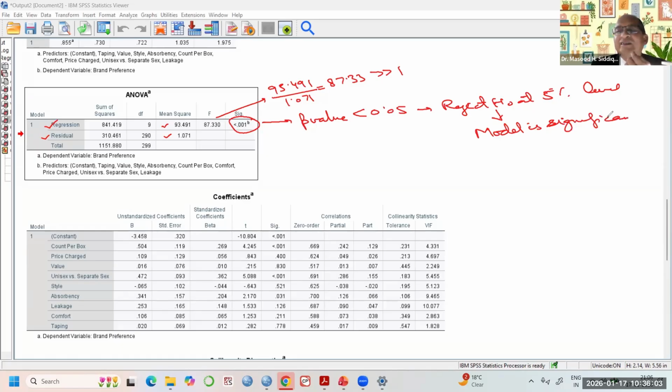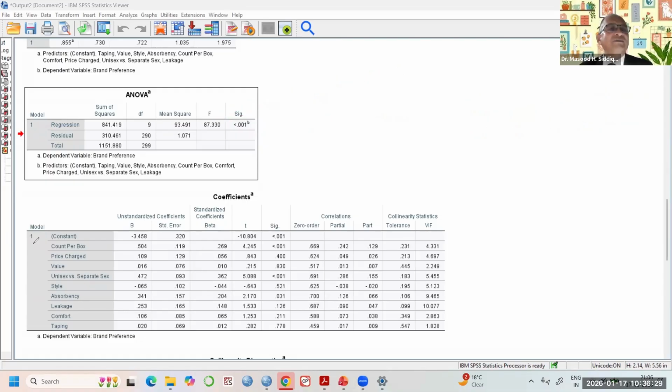It means these 9 diaper attributes as a whole are significantly associated with overall preferences, right? So this is the first analysis. So hopefully this analysis is clear to all. Right? Now we will be moving to the second part. So now I am clearing my annotation because we have to move to another part.